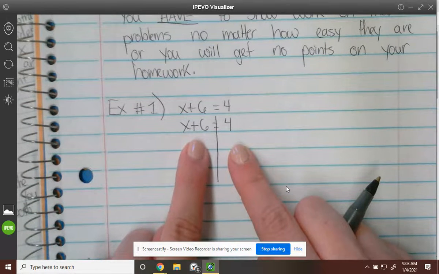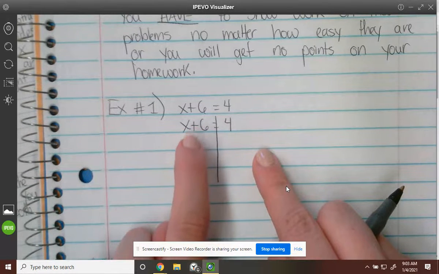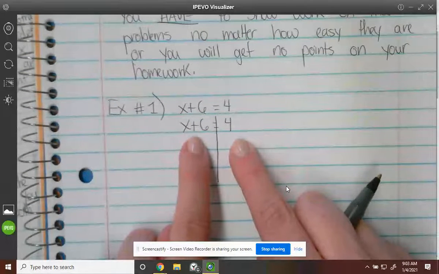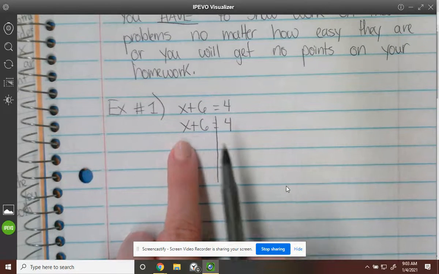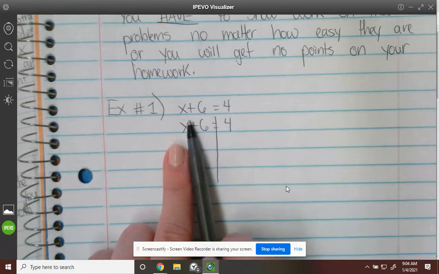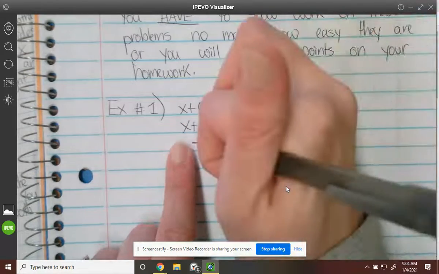This plus 6. So we have to move this 6 over to this side. The only way you can make a number move from this side of the river to this side of the river is to undo how it's attached here. So how is 6 attached to x right here? Well, it's attached through addition. So how do I undo addition? Subtraction. So I'm going to subtract 6.